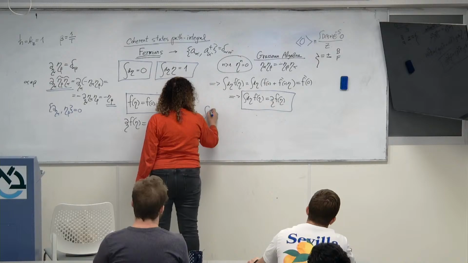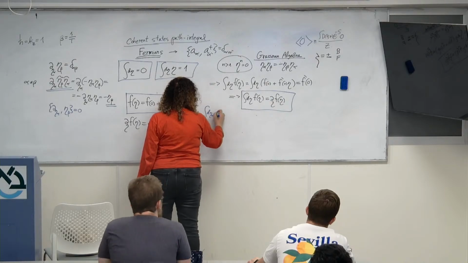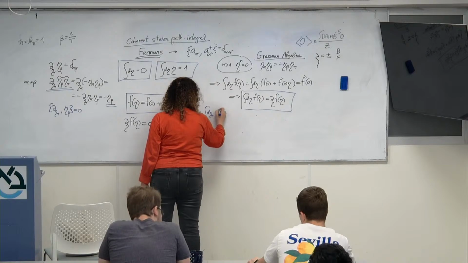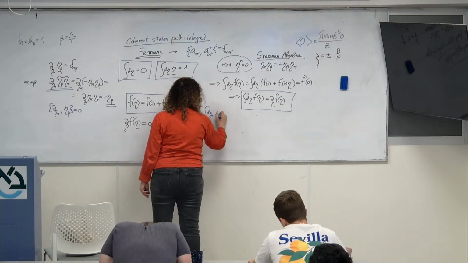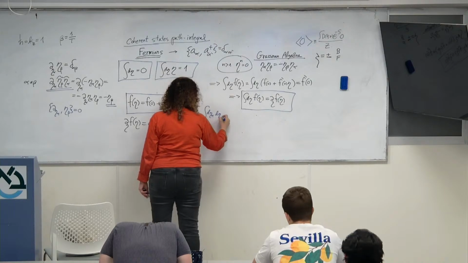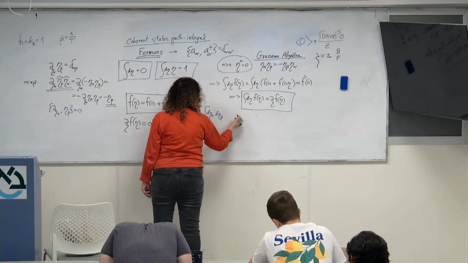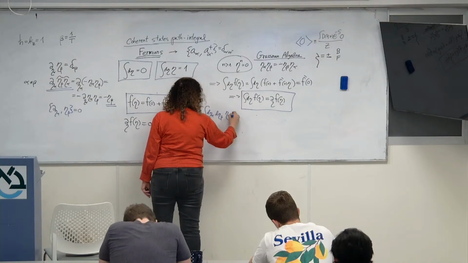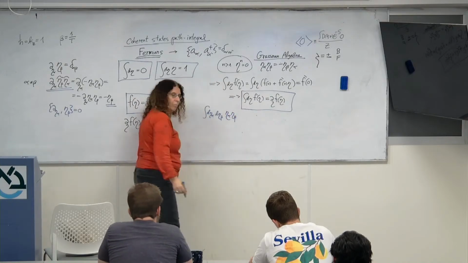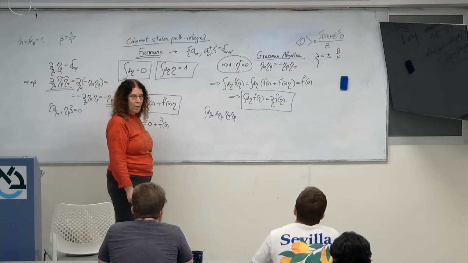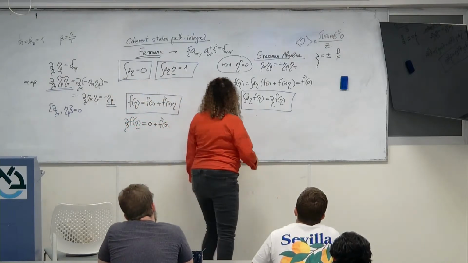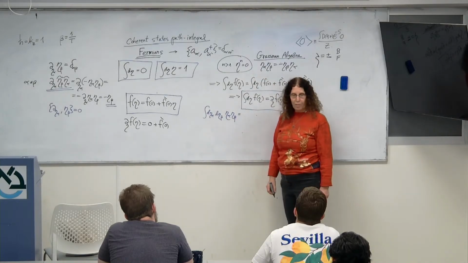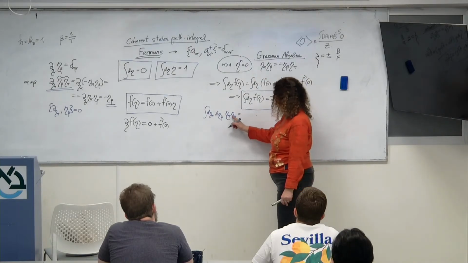So for example, I have an integration over d eta alpha, d eta beta of eta alpha, eta beta. What is the result of this integration? I have to be a little careful. Let's do it carefully.